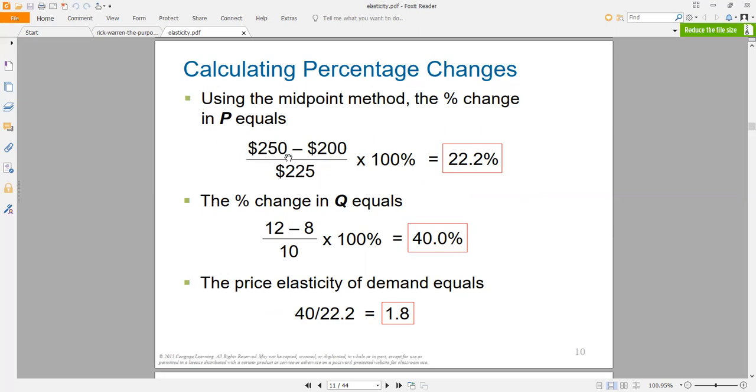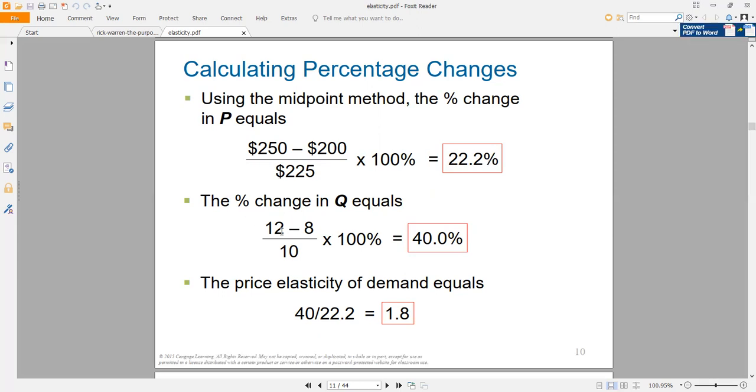But the denominator, instead of writing 200, we find the average of 250 and 200. So add 250 to 200, that should give us 450. If you divide it by 2, you get 225. So now the denominator is no longer the start value, but the midpoint. So this is giving us 22.2%.